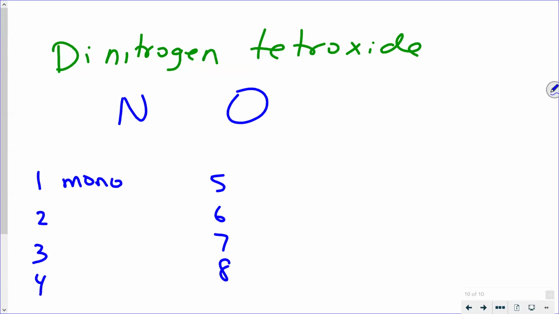Mono, di, tri, tetra. Five-sided building is called... I'm only thinking of math terms. It is math.